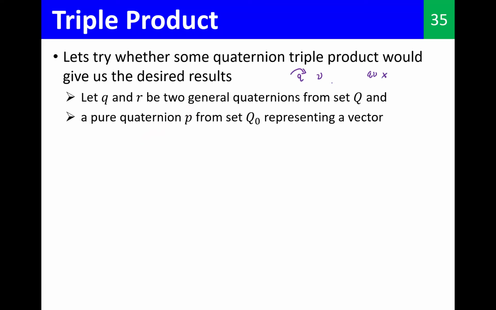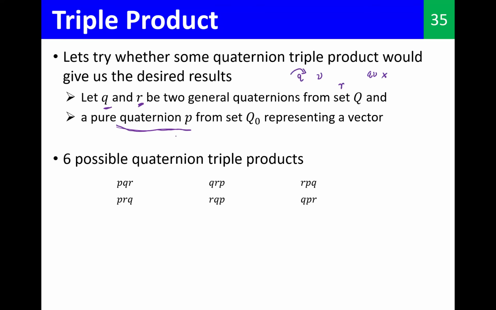Then let's think about the triple product and let's bring in another quaternion R to the picture as well. So we take this quaternion, and I invite another quaternion to the picture, and I have the pure quaternion which I want to get rotated.